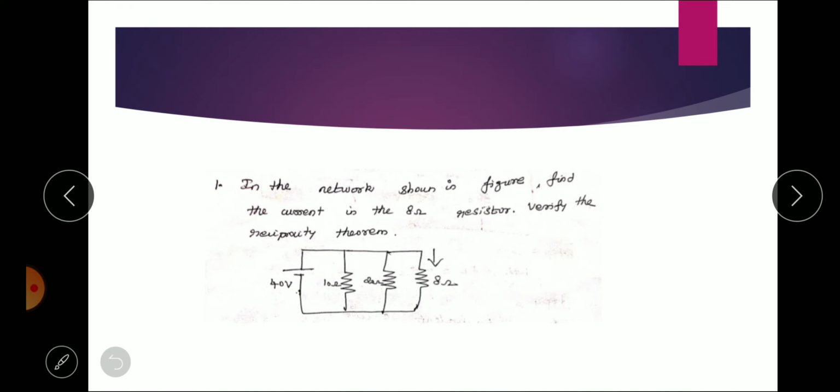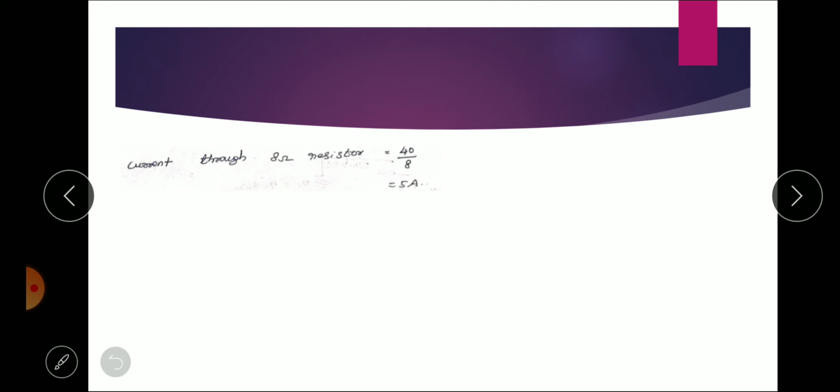The first problem is, for the network shown in figure, find the current in the 8 ohm resistor and verify the reciprocity theorem. Here we have to calculate the current flowing through the 8 ohm resistor. We already know the formula, current I is equal to V by R. So V is 40 and R is 8 ohm.